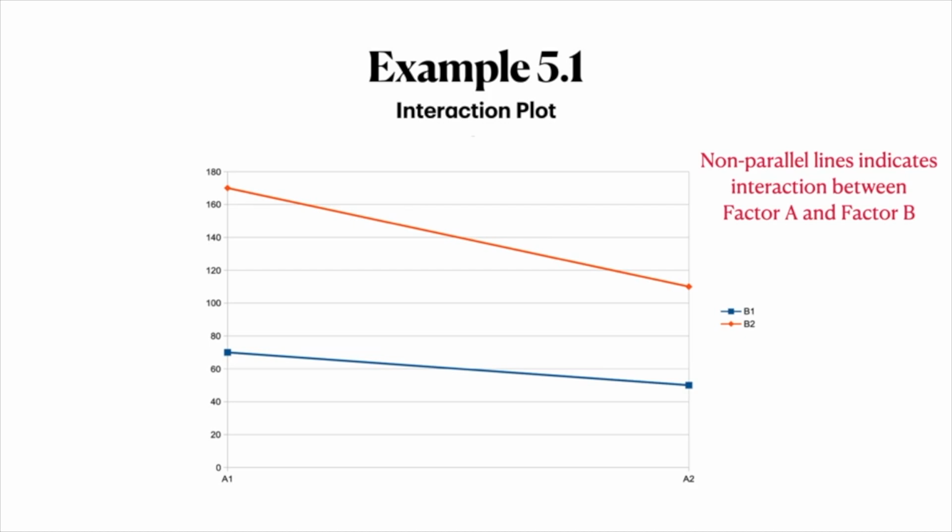Now, the reason we do that is because we want to see whether those lines are parallel or not. If the lines are parallel, then that would indicate that there's no interaction between A and B. But if the lines are not parallel, as they are not here, then we can look at this and immediately know that there is an interaction between factors A and B. What we can conclude then is that because there's an interaction, the effects of factors A and B on the response are not additive.